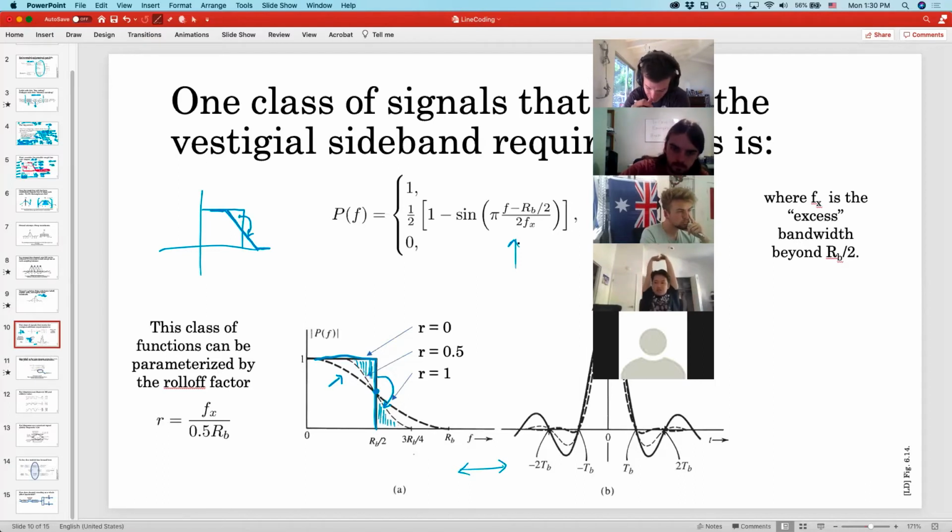So the way that you get from these curves to this expression is a little convoluted.